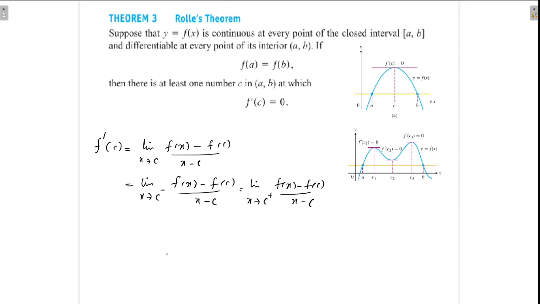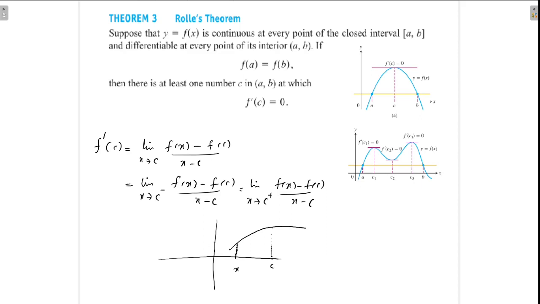That means whenever we consider a function like this, if this is the point c, you first evaluate this quantity f of x minus f of c divided by x minus c by taking x from the left hand side of this c.